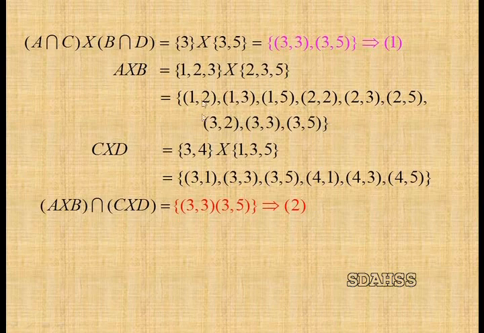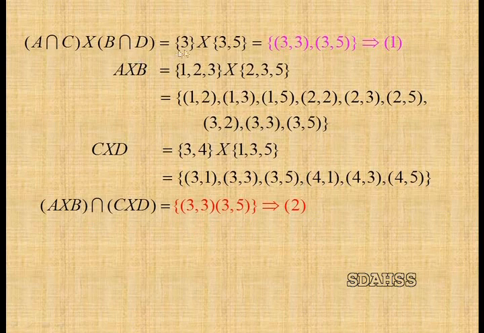Now you compare both the sets A cross B and C cross D. Compare and write the common elements. Here the common elements are (3,3) and (3,5). Mark it as number 2.